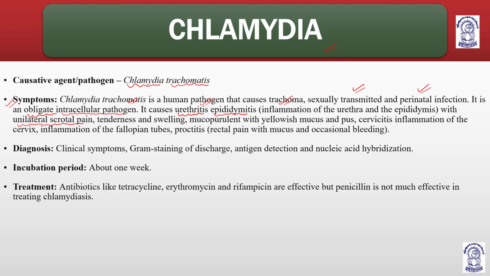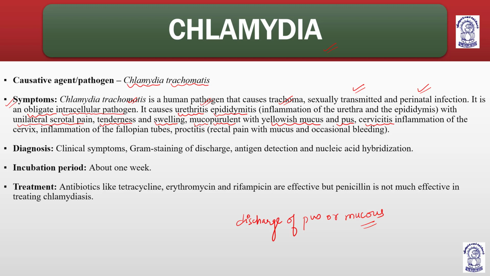One side of the scrotum pains, becomes hard and tender, with swelling. It is mucopurulent, with discharge of pus or mucus, with yellowish pus.